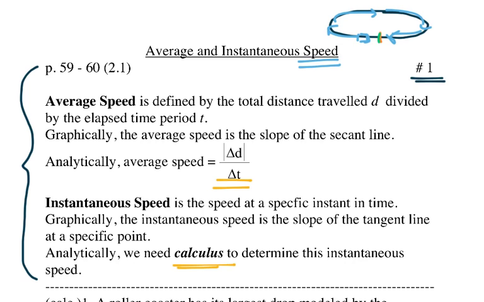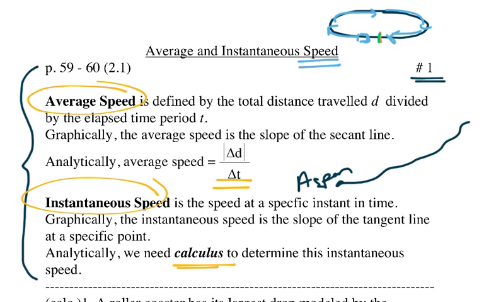I want to give you a quick example to show you the difference between average speed and instantaneous speed. Imagine driving up Independence Pass. You're down in Aspen, and you drive up to the top of Indy Pass.